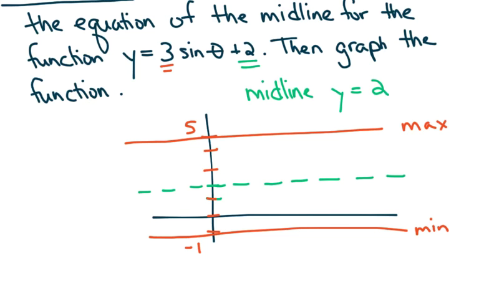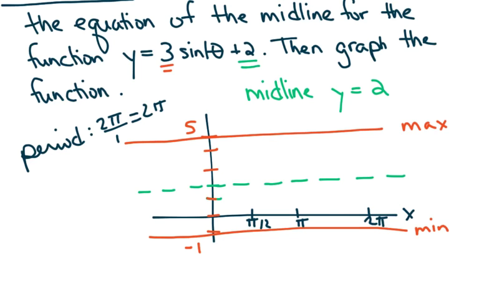Now I have to put the tick marks on my graph, so I need to know what the period is. The period is 2 pi over k, but in this case, k is 1, so the period is 2 pi. So remember, this is my x-axis: pi over 2, pi, 3 pi over 2, 2 pi.